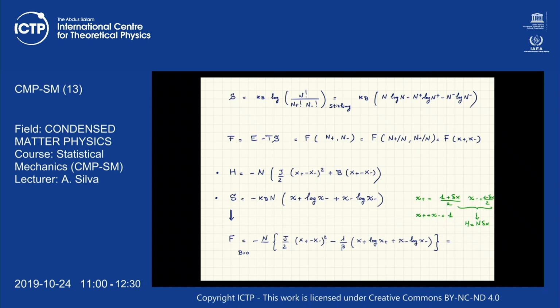Now, if I substitute this parameterization in here, I will get that the free energy is a function of delta x, which is essentially the magnetization. And now, in order to find the state that is attained, I have to minimize this function over delta x, right?